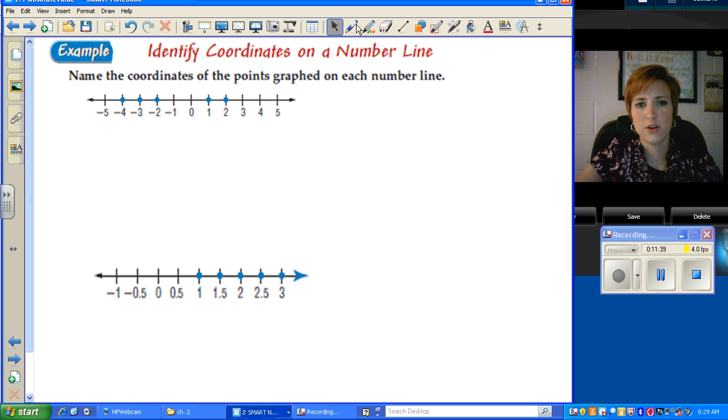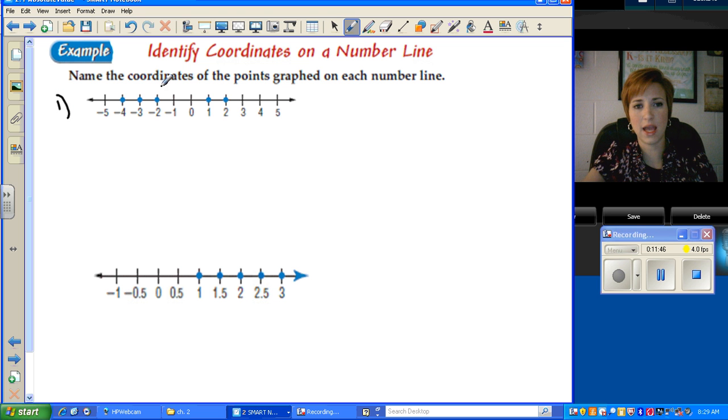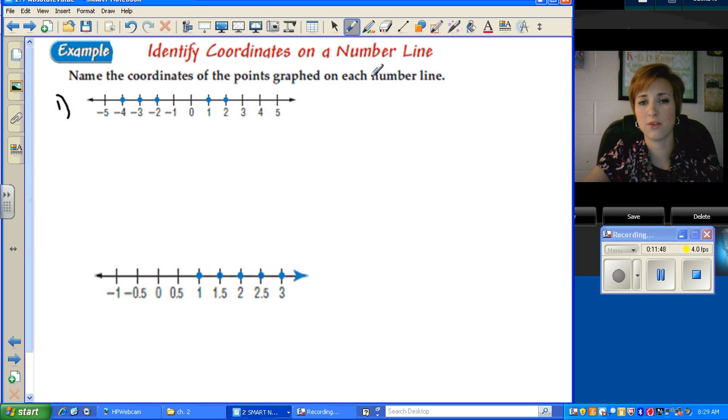For our very first example, you don't have to write out the instructions, you just need to follow along with me. Number 1 says, name the coordinates of the points graphed on each number line. All you have to do is make a brace to show that these numbers are what's identified on the number line. We just look for the ones with the dot.